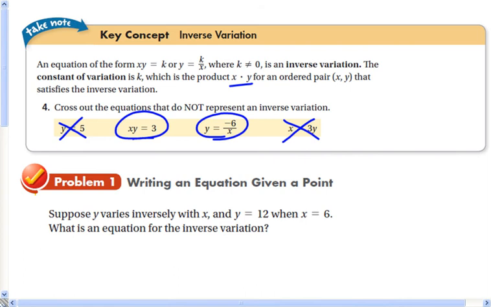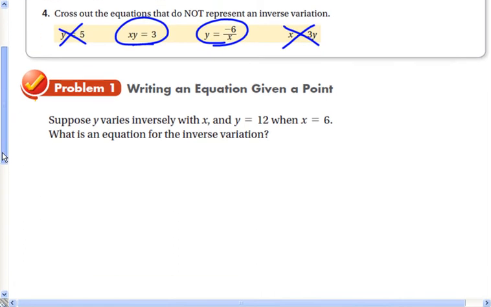All right, so thinking about that key concept, if we know it's an inverse variation, and since it says it varies inversely, we know it's an inverse variation, then that means we have a constant product. So if we multiply the variables together, we always get a constant. And in this case, we're told that y is 12 when x is 6.